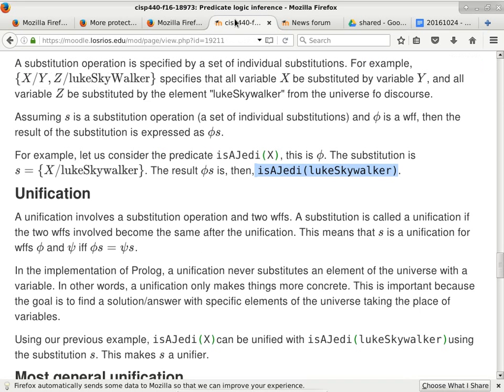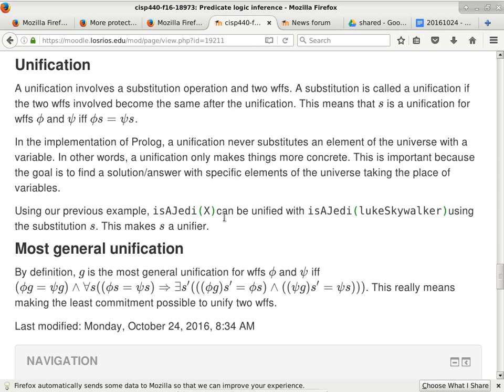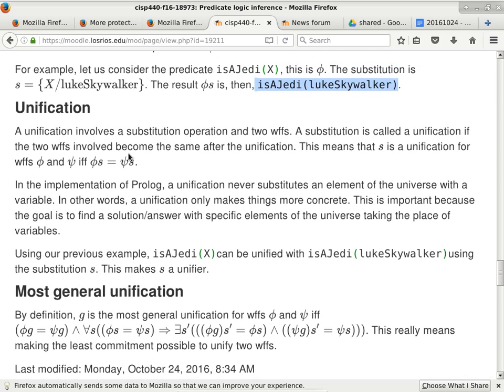Okay, so getting back to here, a unification is basically a single substitution applied to two different well-formed formulae, so that after the substitution, they become exactly the same. So this is the part that really defines what a unification is.